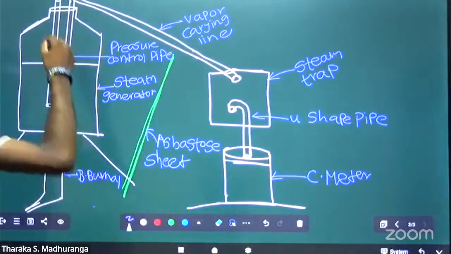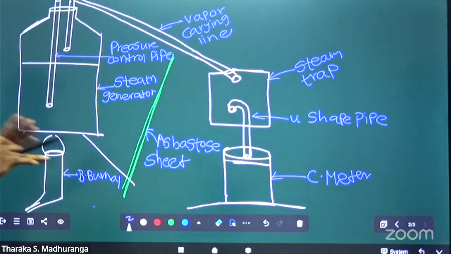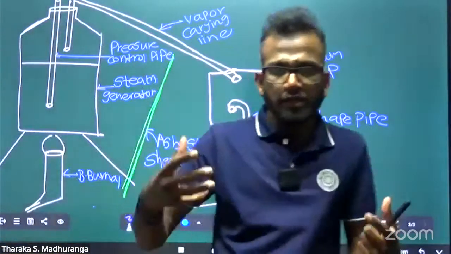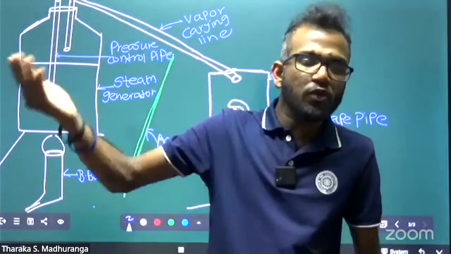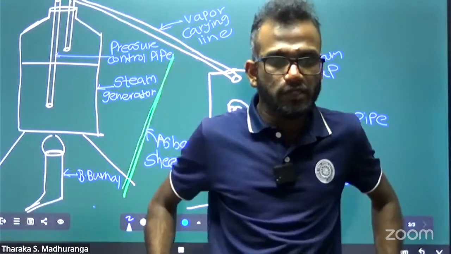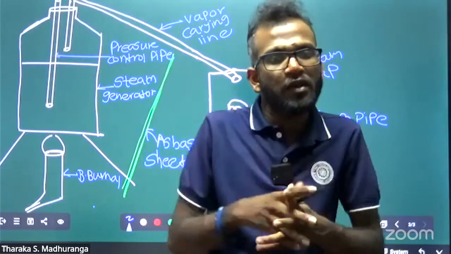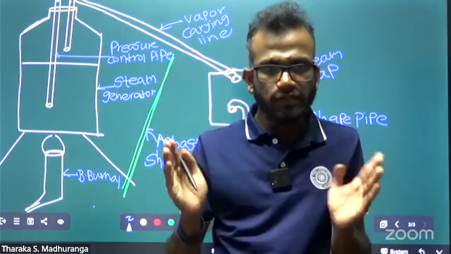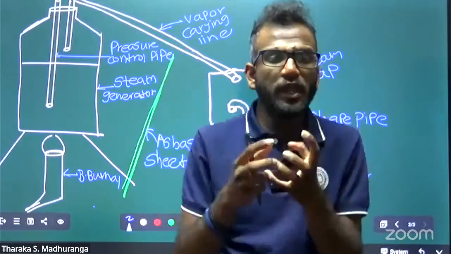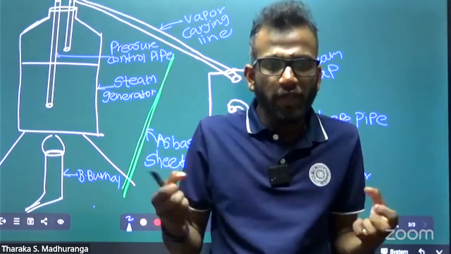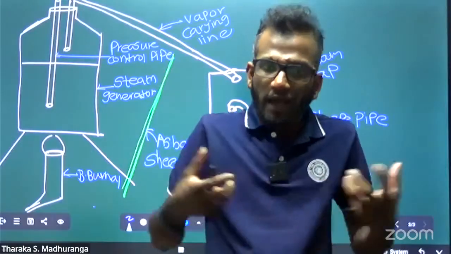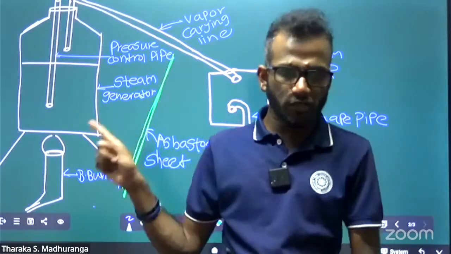This pressure control line is important to control the pressure inside the container, equal to the normal environment. Then we can avoid pressure variation and harmful effects. Blasting we can avoid by this pressure control line.